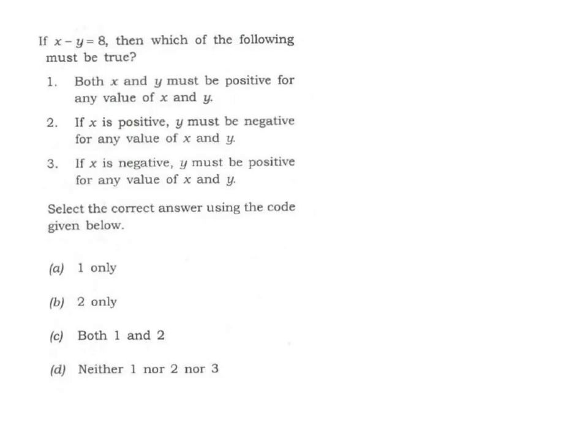If x minus y is equal to 8, then which of the following must be true? Must be true means always true. So try to prove it false. If it fails in even one condition, then it is false. Now look at the first one.